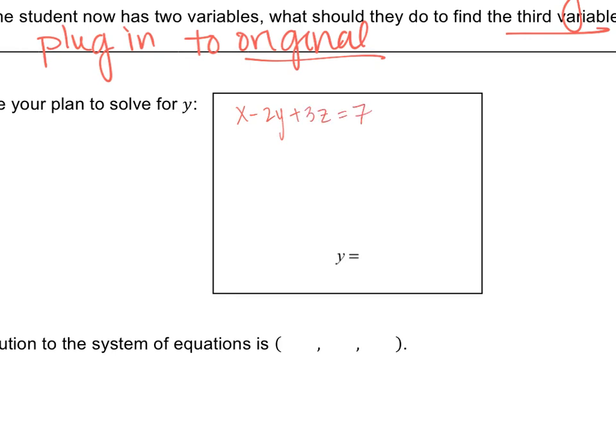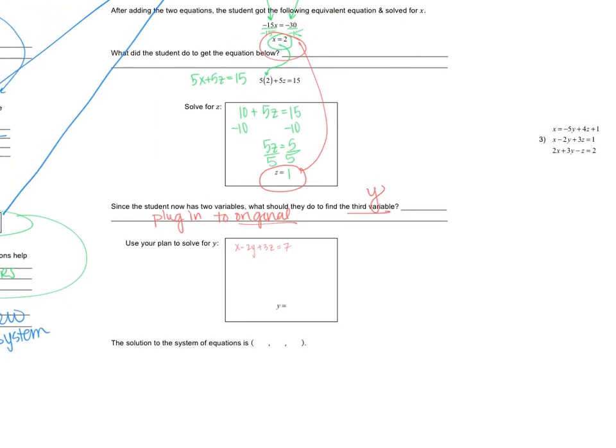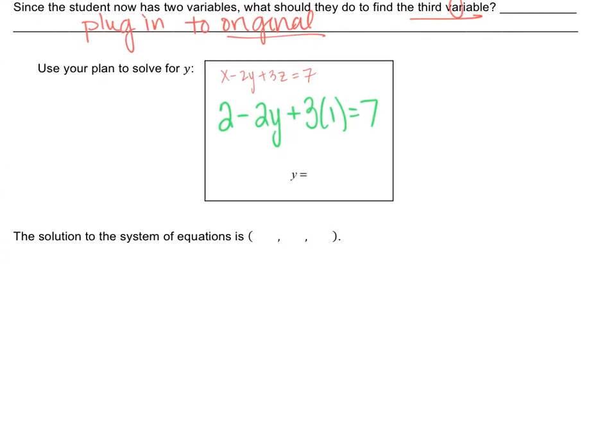So we're going to plug in the variables that we know, which are x and z. We know that x was equal to 2, so we're going to have 2 minus 2y, we don't know the y, plus 3, we do know the z was 1, equal to 7. So 2 with the 3, that makes 5. So I'm looking at 5 minus 2y equals 7.